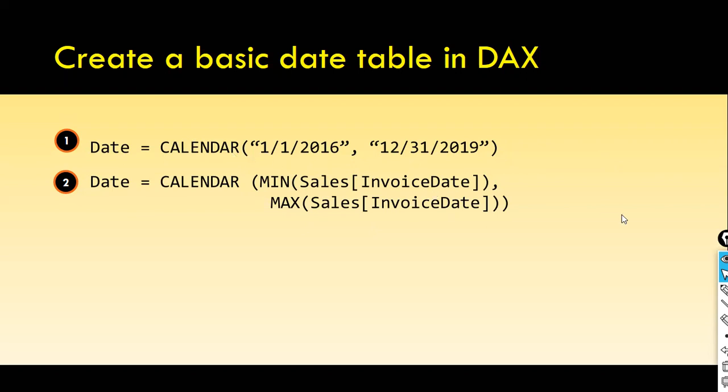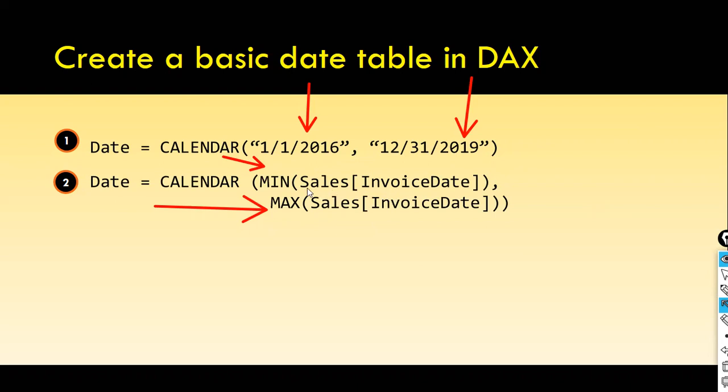Hence, it will not do the filtering for that specific duration. So it is not a good idea to do hard coding like this. What do you mean by hard coding? Specifying the value directly here. It's not the preferred one. Instead, you can use this. This is the right way of doing it, min and max.